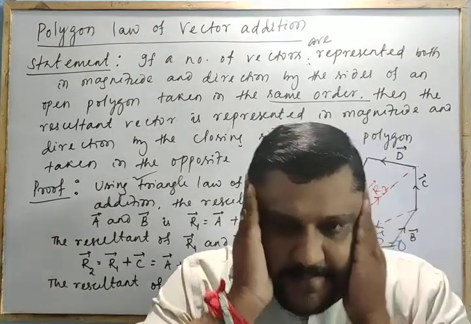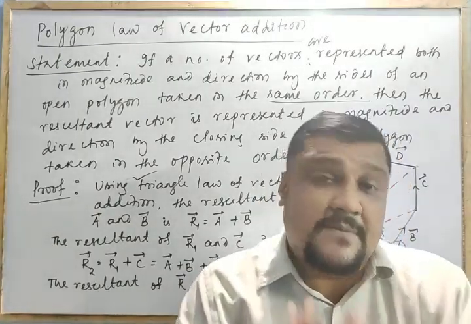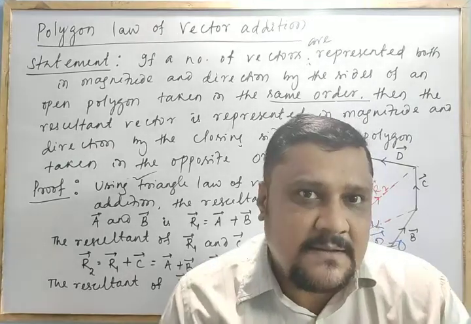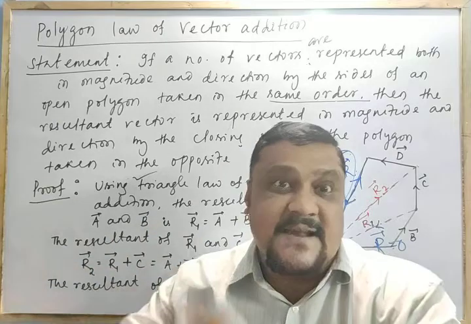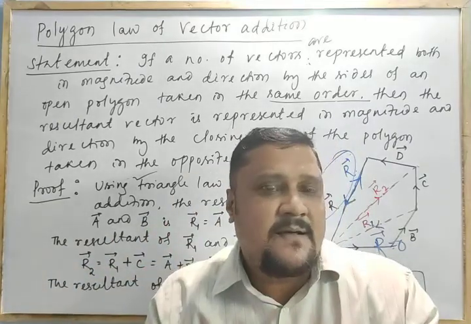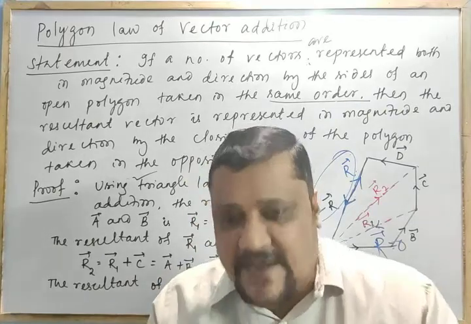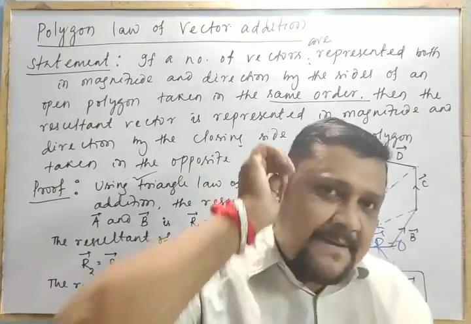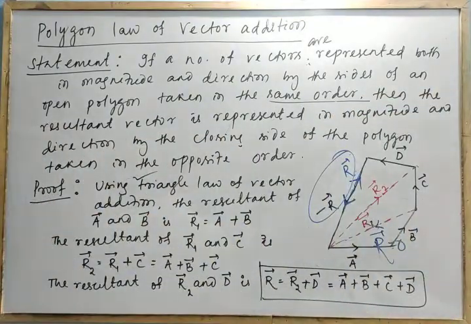Now we will go for the properties of vector addition. That is very, very important, because vectors are those quantities which have magnitude and direction, and they should obey the law of vector addition. Got it?